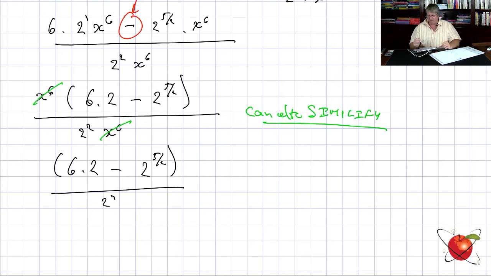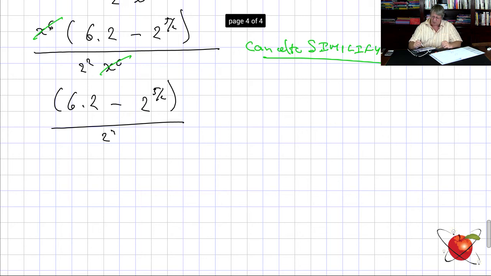Now, we can't do that without a calculator, and they've asked us without a calculator to do this. What we do is we take this one where it's an improper fraction. You take your 2 to the power of 5 over 2, change it back to a mixed number. What is it? It's 2 to the power of 2 times a half. Correct?